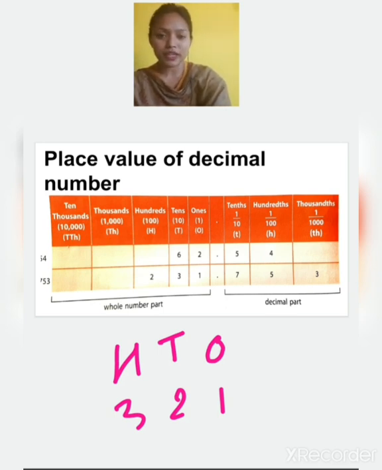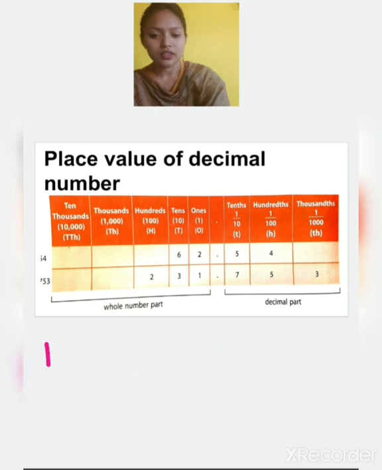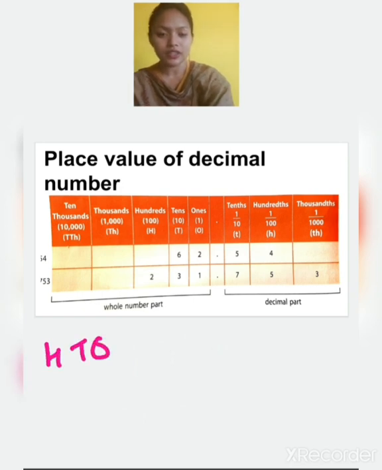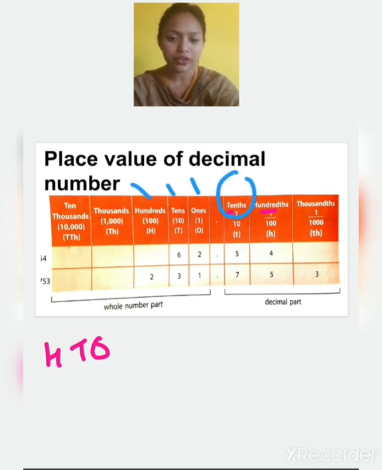Now in the case of decimal numbers, this side is ones, tens, hundreds, thousands, ten thousands, and in the center the decimal will come, and after this is 1 upon 10, that is tenth.